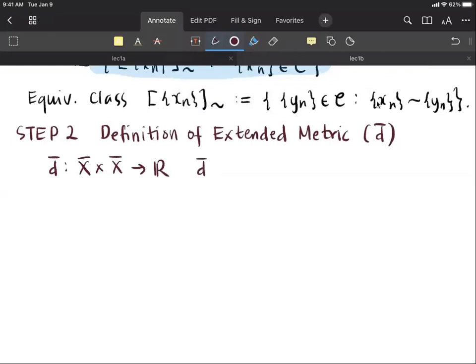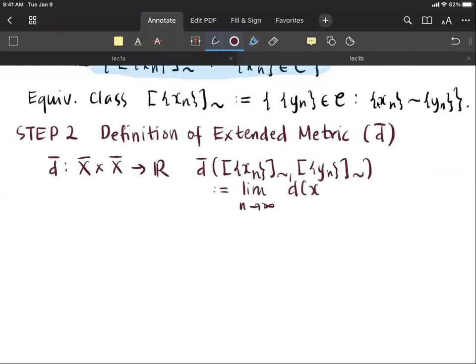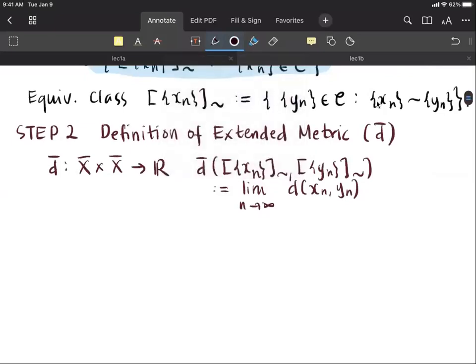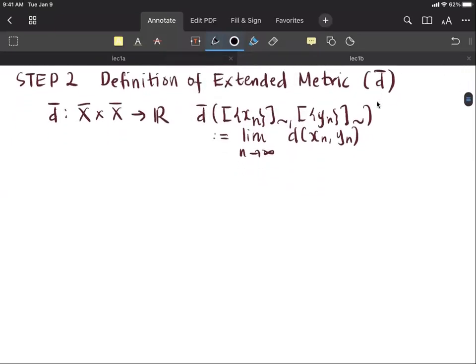The distance between two equivalence classes of Cauchy sequences is defined by the limit of the distance, with respect to the original metric d, of the terms of the representatives xn, yn. Before showing that this is indeed a metric, we need to show that it is well defined.